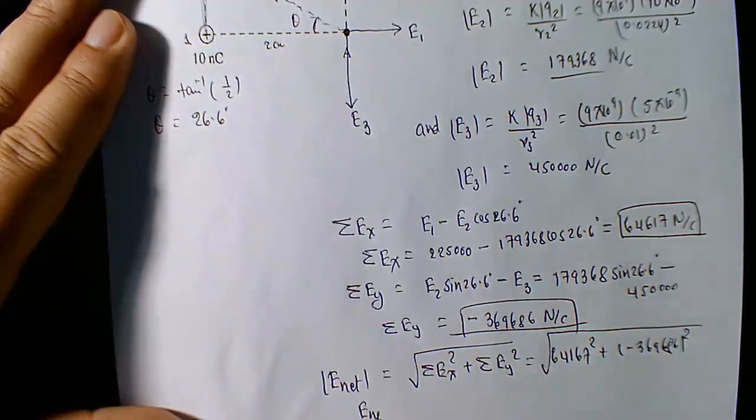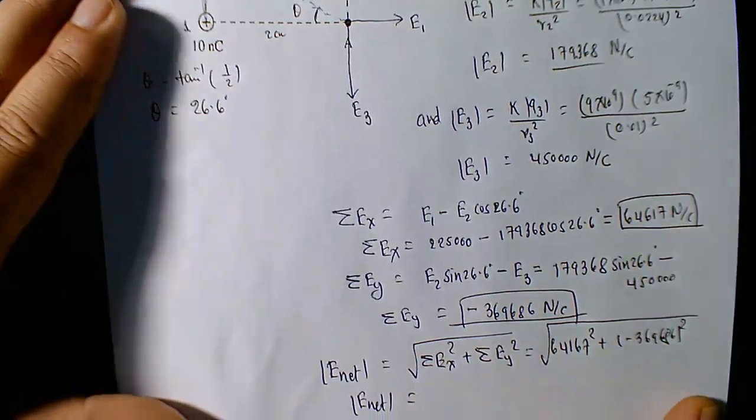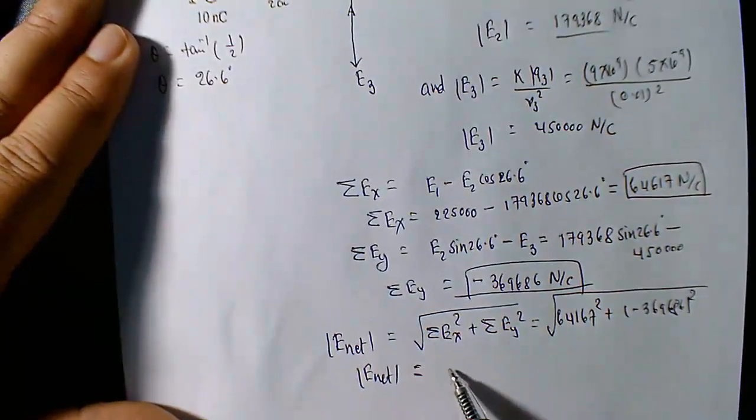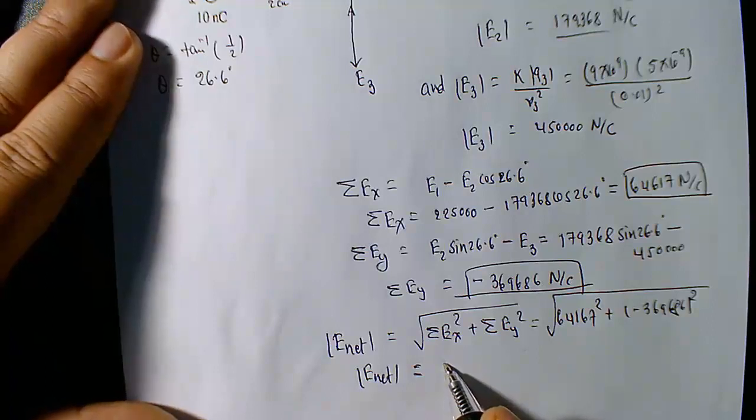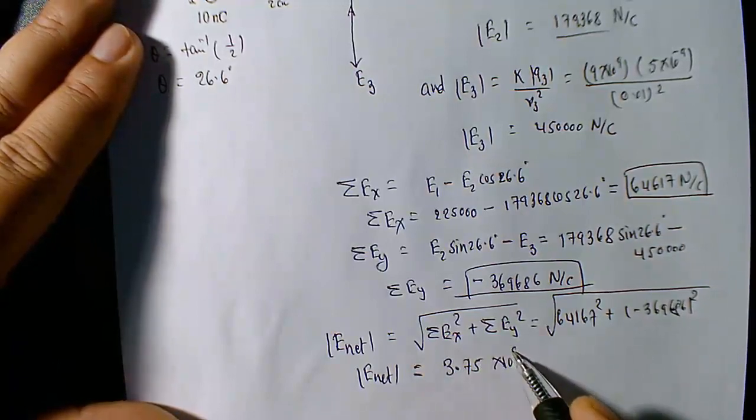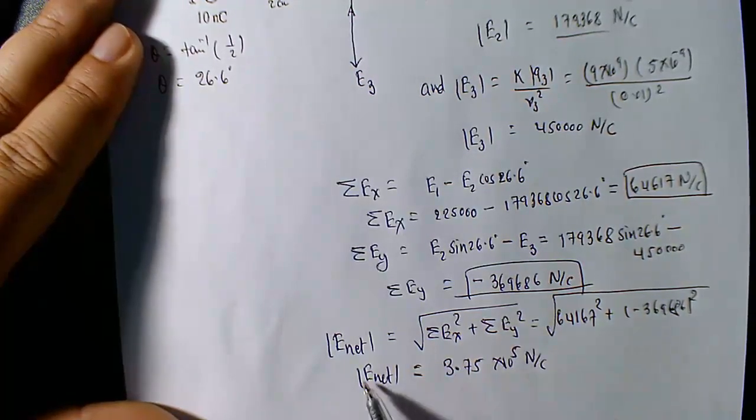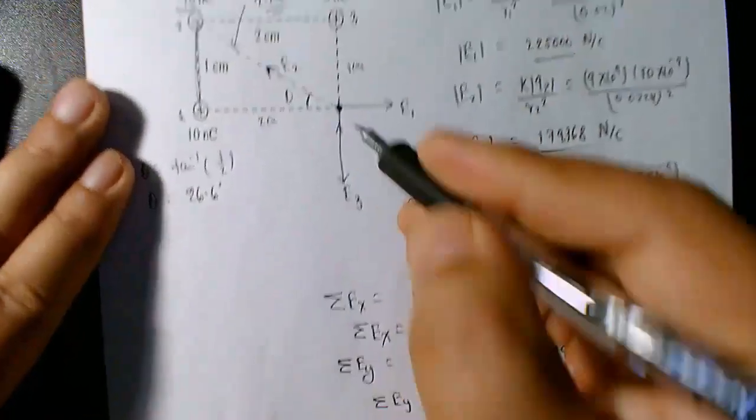So the net electric field at point A, that empty space A, due to the three charges, is given by this. The net electric field is 3.75 times 10 to the power 5 newtons per coulomb. So double check this calculation. That's the net electric field at this point.